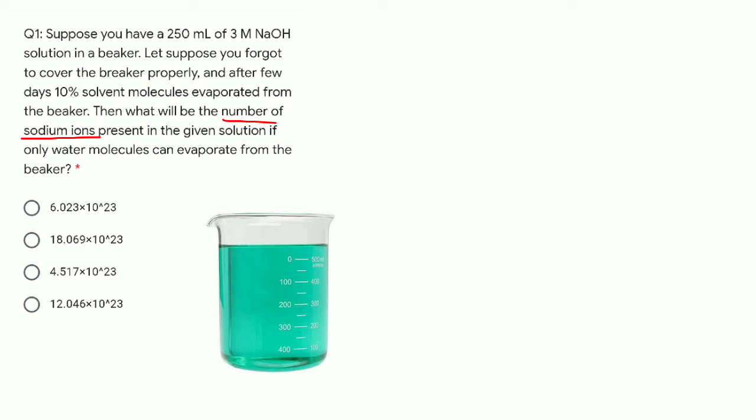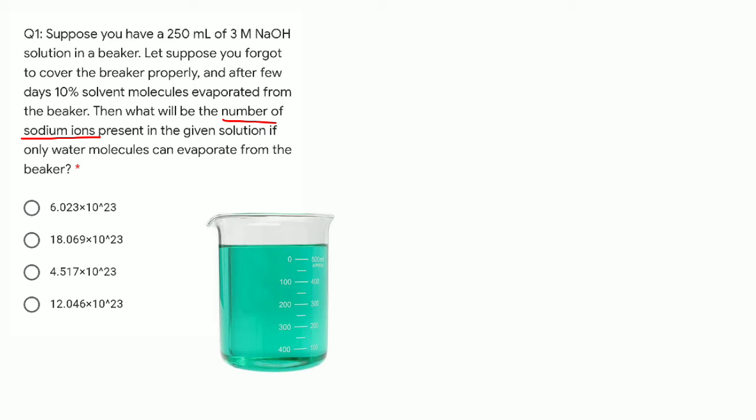That means 1 molar solution means in 1 liter of any solution, 1 mole of the solute is dissolved. But here it is given that 3 molar sodium hydroxide is there. That means 3 moles of sodium hydroxide will be present in 1 liter.